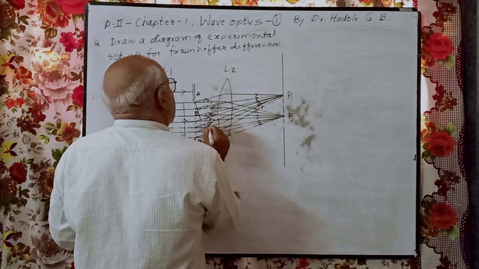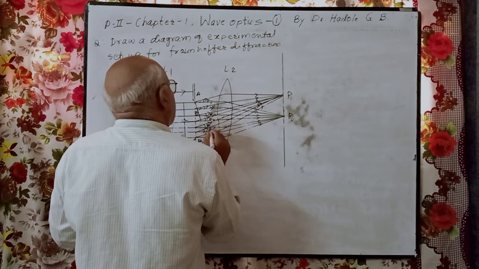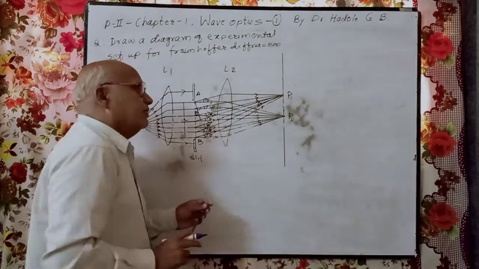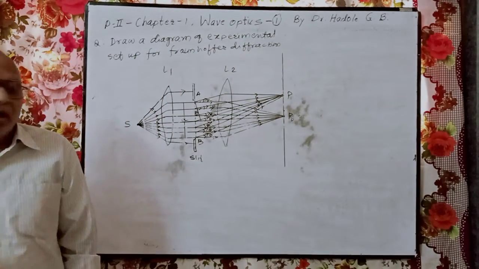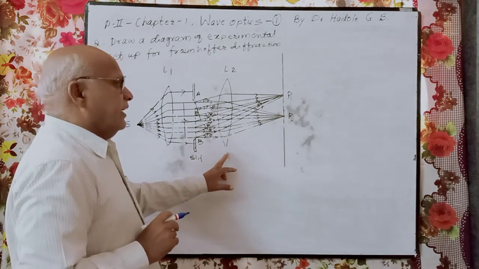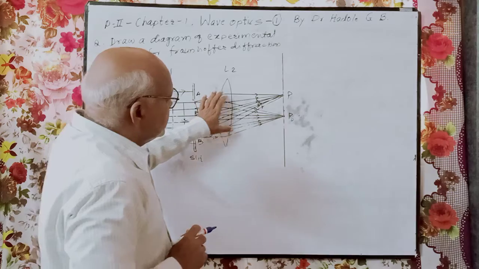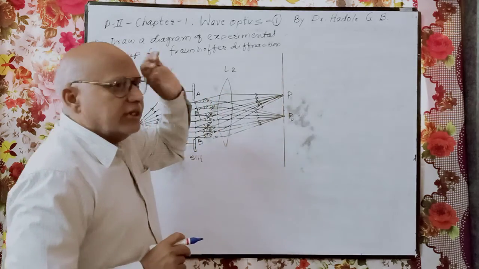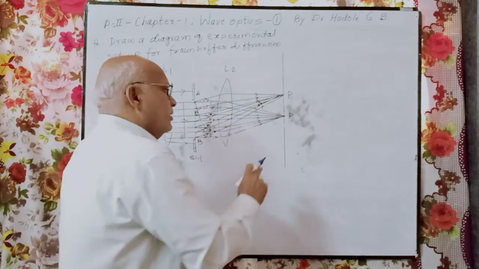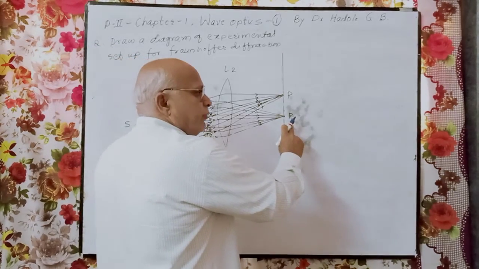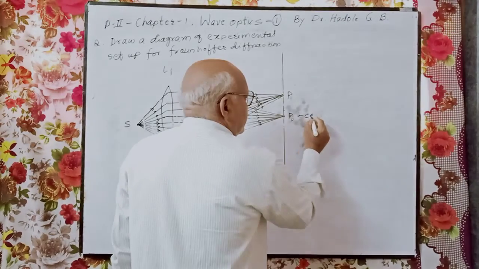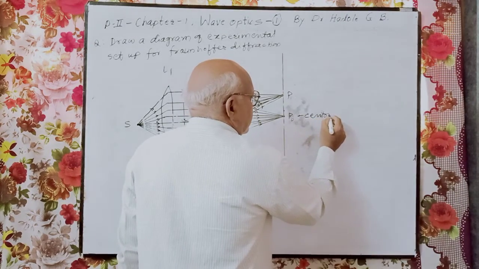This is theta, this is theta, and so on. So with the same angle they get diffracted on the upper side, and due to this lens L2, all these rays get converged at a certain point P. Now, this is the first central maximum. This point P0 is called the central maximum.